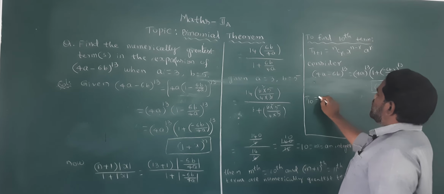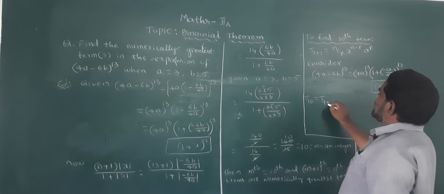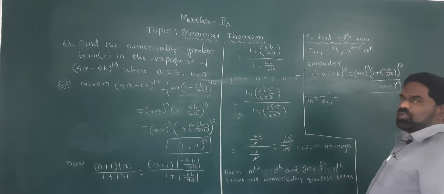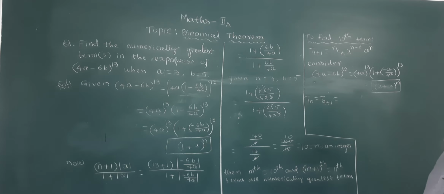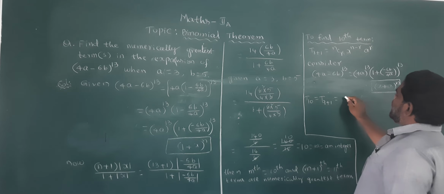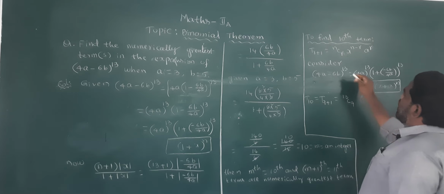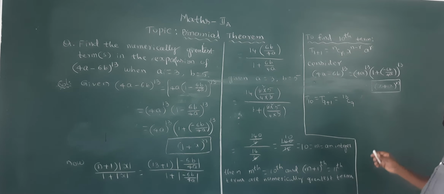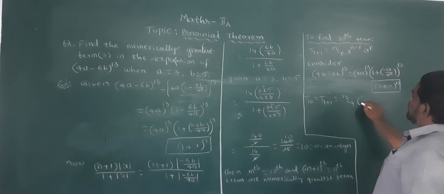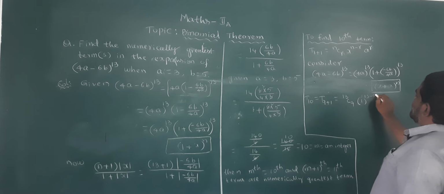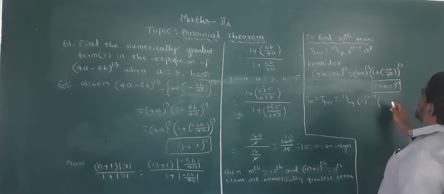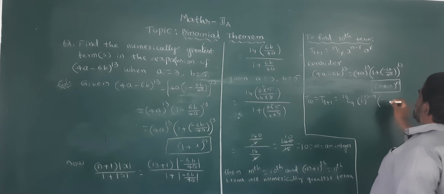T10 can be written as T(9+1). The n value is 13, so 13C9, x to the power n minus r, that is 1 to the power 13 minus 9, and a to the power r, where a means minus 6b by 4a, to the power 9.